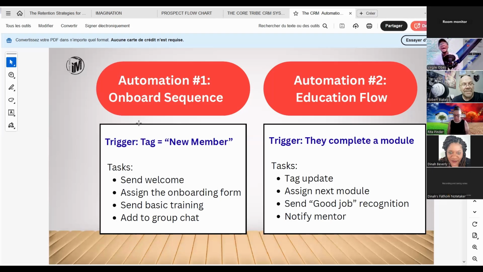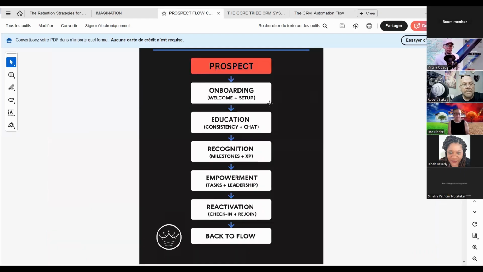No problem. I was going to set things in perspective before diving into each one of these automation stages. And it comes back to the flow chart. Remember, there's an onboarding phase, and this is going to require a series of interactions, a series of emails, a campaign. Education will also require a series of interactions, depending on how deep your education process is.